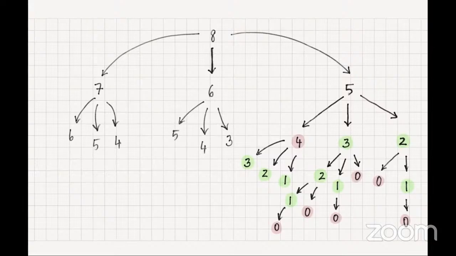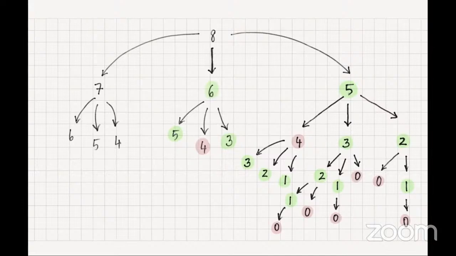But from 5, there is, because from 5, you can go to 4. So a defeat in this round implies a win at a higher position. So 5 is good for us, 3 is good for us, 4 is bad for us, but because 4 is bad for us, 6 is good for us.